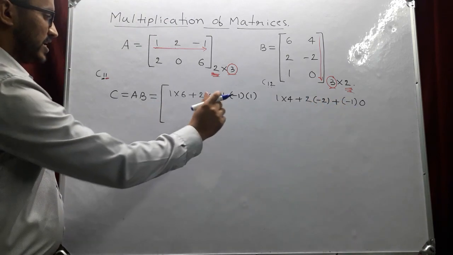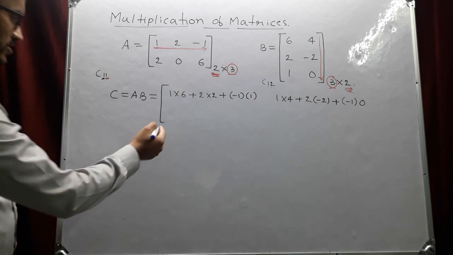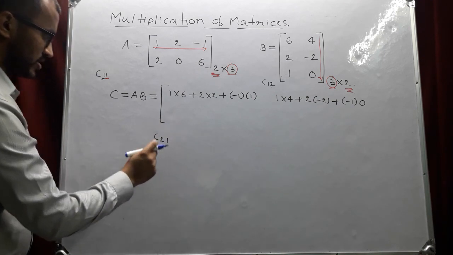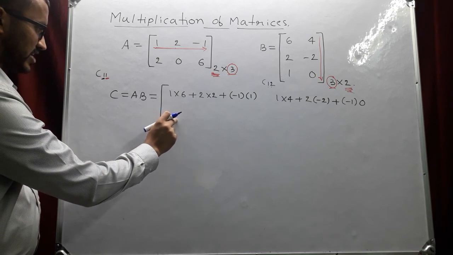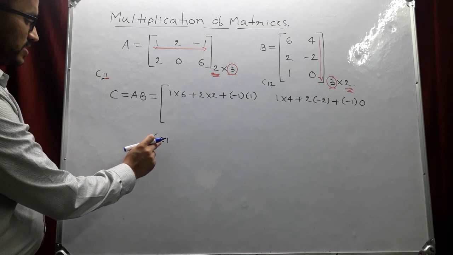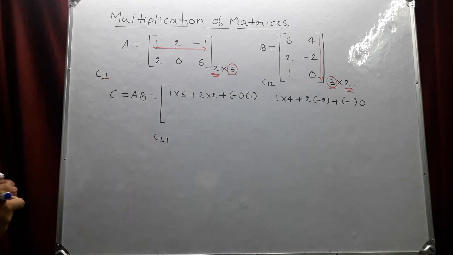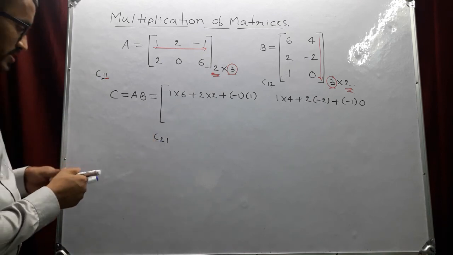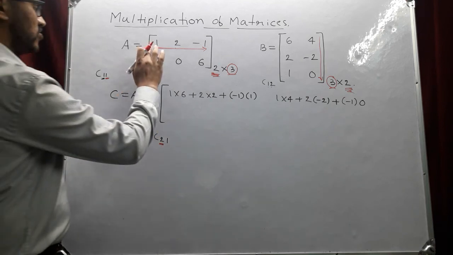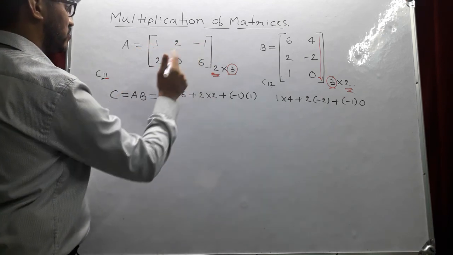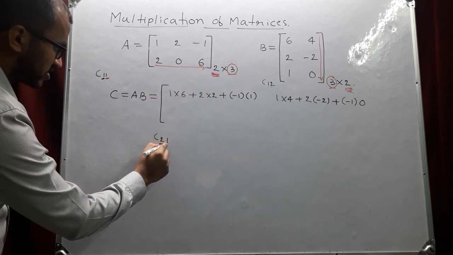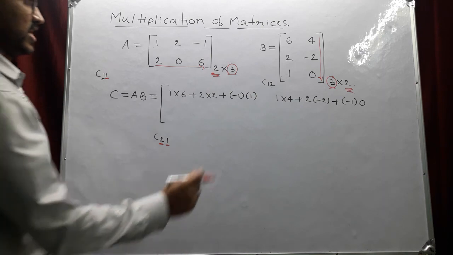Next, to get the second row elements, I will denote this element by C21, meaning it lies in the second row, first column. To get this element, what do we have to do? We have to consider the second row of the first matrix with the first column of the second matrix.